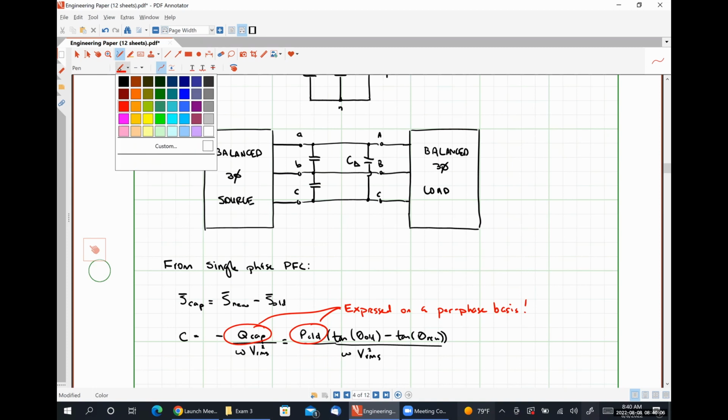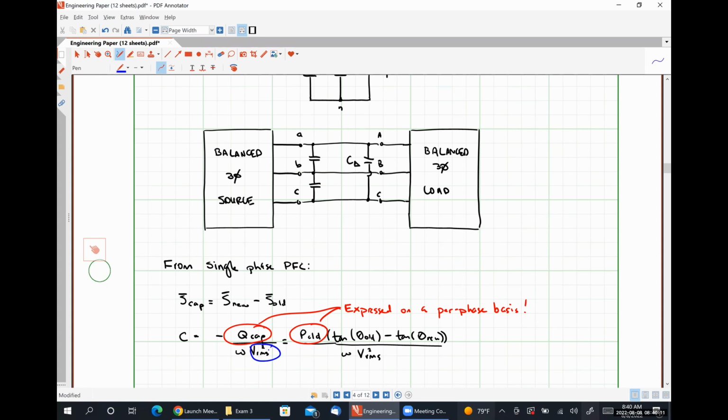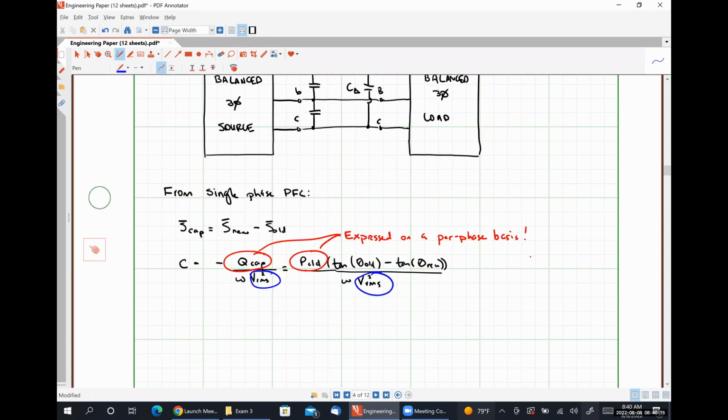Another place that is potentially dangerous is our definition of V_RMS, okay? These represent the voltage drop across one phase of our capacitor bank.